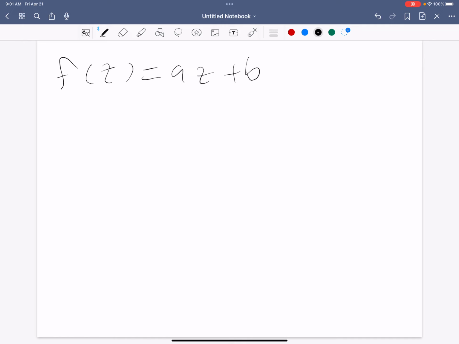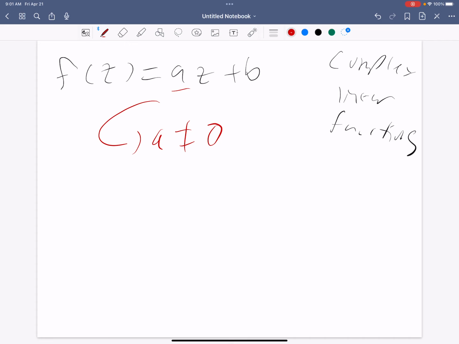We'll call these complex linear functions. That might be an abuse of words, because depending on who you said that to, they might think of a different thing. But for us, we'll look at this, and the A, of course, we will say is non-zero. Obviously, if A is 0, then this is quite boring.